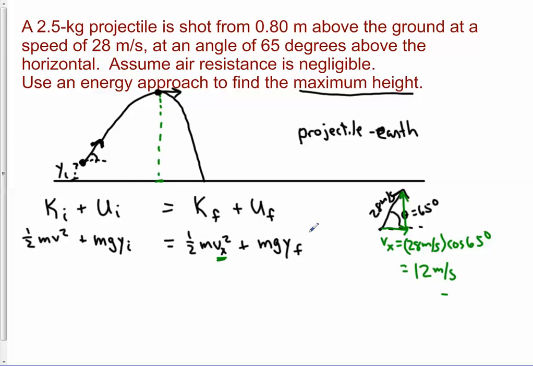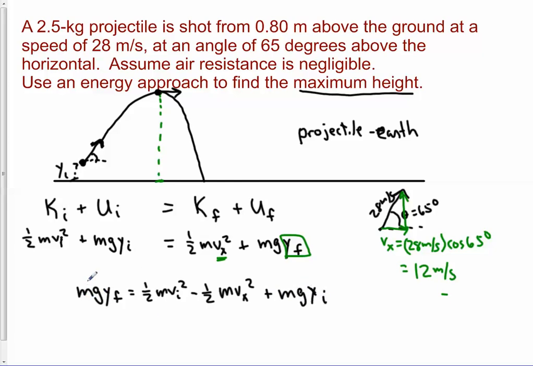All right, so we are looking for the maximum height, so we're looking for yf, and I think we have everything else. So I solve, I get mg yf, and I'm just going to subtract this over here. So I'll get 1/2 m Vi squared minus 1/2 m Vx squared, and then plus mg yi.